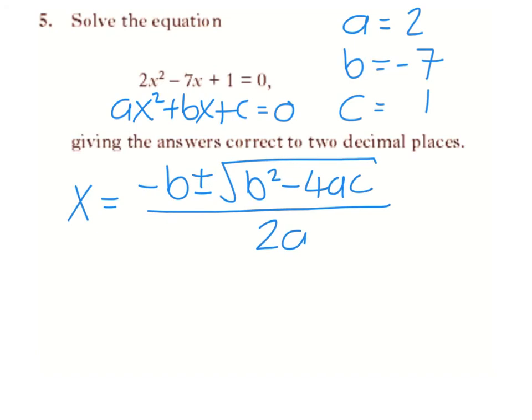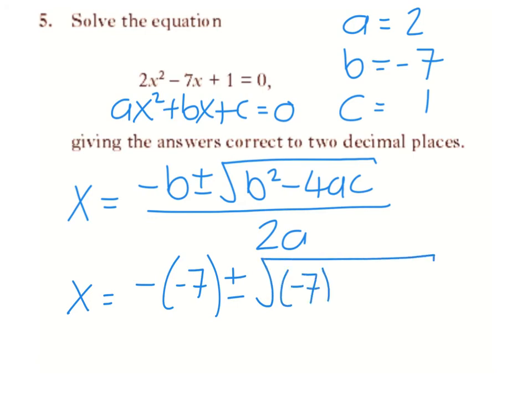So we can take our values of a, b and c and substitute them into the formula. That gives us x equals -b, which is -7, plus or minus the square root of -7 squared minus 4 times a, which is 2, times c, which is 1.